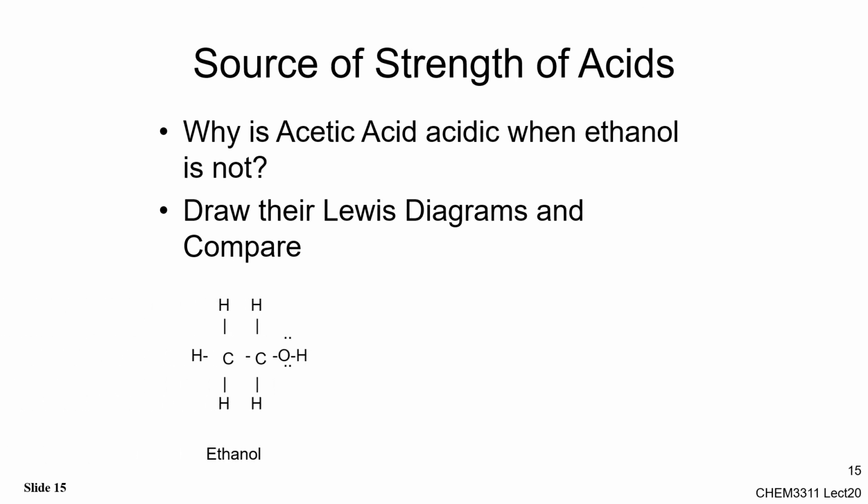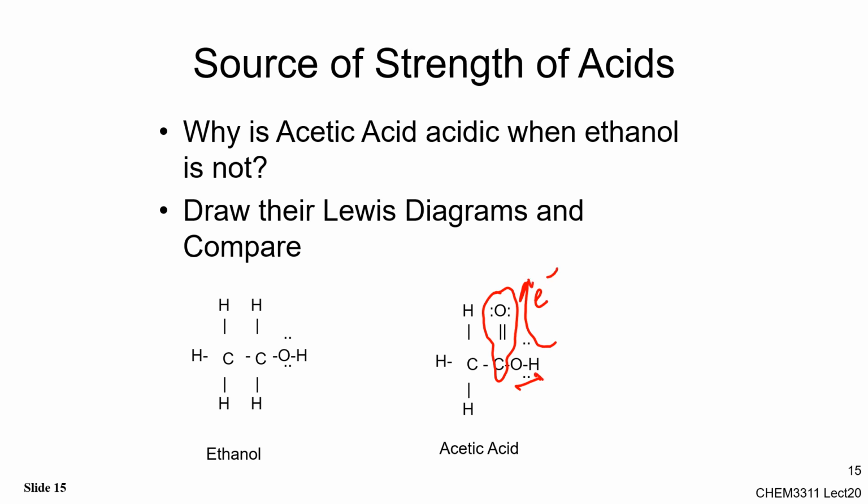There's our Lewis diagram for ethanol. There's our Lewis diagram for acetic acid. What happens when we place a carbonyl right next to our alcohol group, our OH group? That's an electron withdrawing group. Oxygen's extremely electronegative, so it's going to pull electron density towards it.